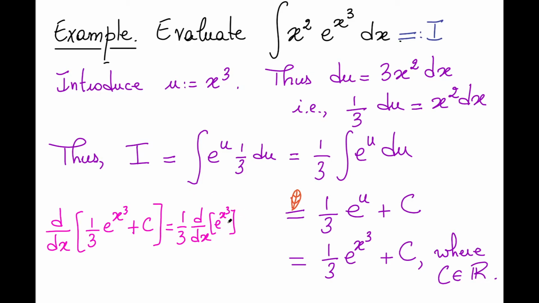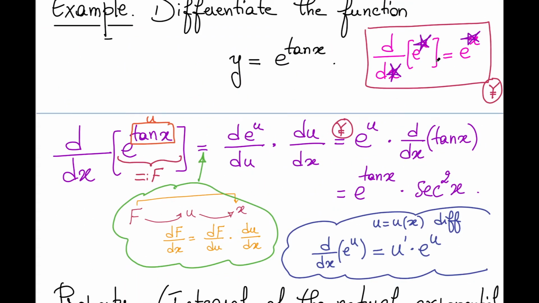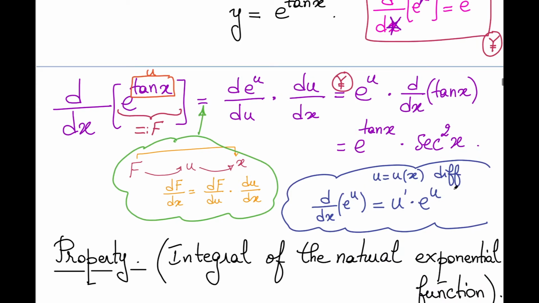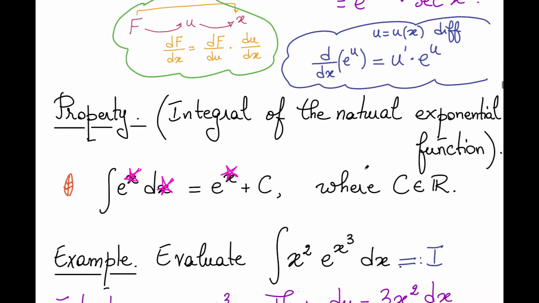And then d over dx of e to the x cubed, by that property, actually not this one, because I need the chain rule, that one here. The u is x cubed in our context, so u prime becomes 3x squared. So 3x squared times e to the power x cubed.